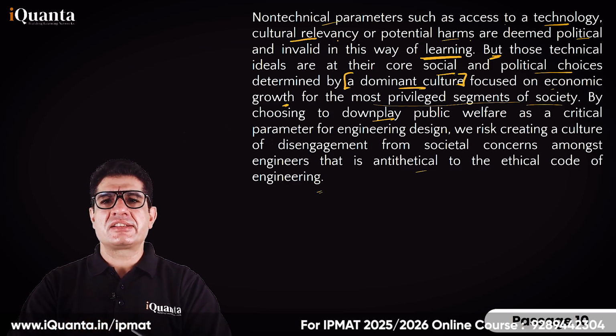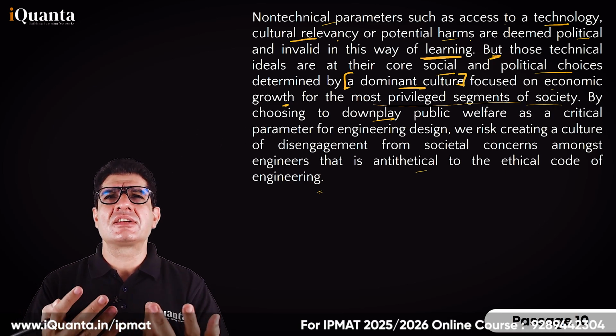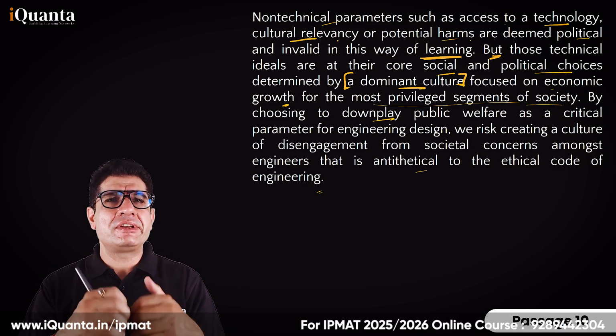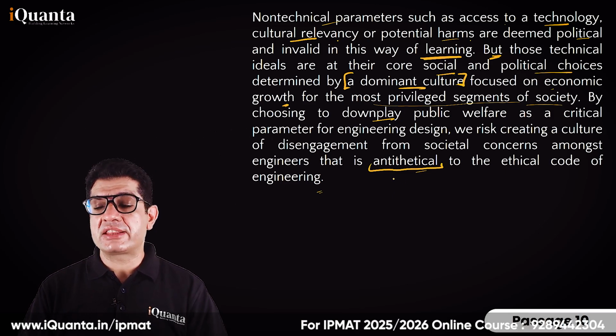And then the author says that in such a scenario, when we do not cater to the needs of the poor, when we do not think public welfare is a critical part of engineering design, we risk creating a culture of disengagement from society. So engineers will no longer feel that they are connected to societal concerns. And that idea is antithetical, is opposite to the ethical code of engineering.